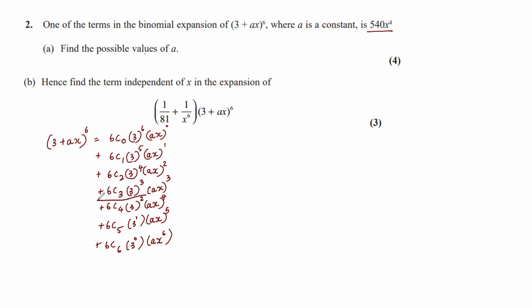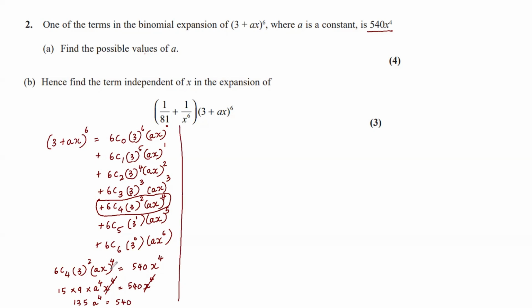Coefficient of x^4 means this is the term that we are going to consider: 6C4 into 3 squared into (ax)^4 is given as 540x^4. 6C4, when you put this in the calculator, you'll get 15. 3 squared is 9, so 15 into 9 into a^4 x^4 equals 540x^4. The x^4 gets cancelled. 15 into 9 is 135.